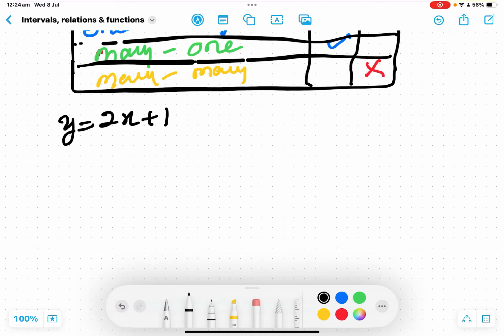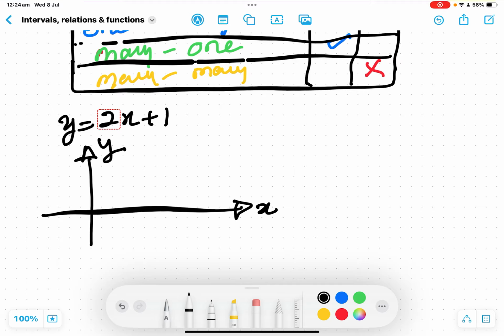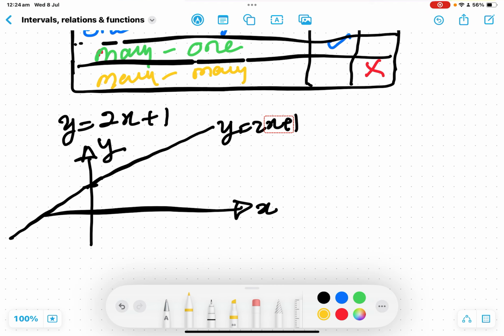So if you draw the graph of the function, so this is x-axis, this is y-axis, so this is y equals 2x plus 1, and if you draw a vertical line parallel to y-axis like this, the graph should cut this vertical line only at one point. Then this is a function.